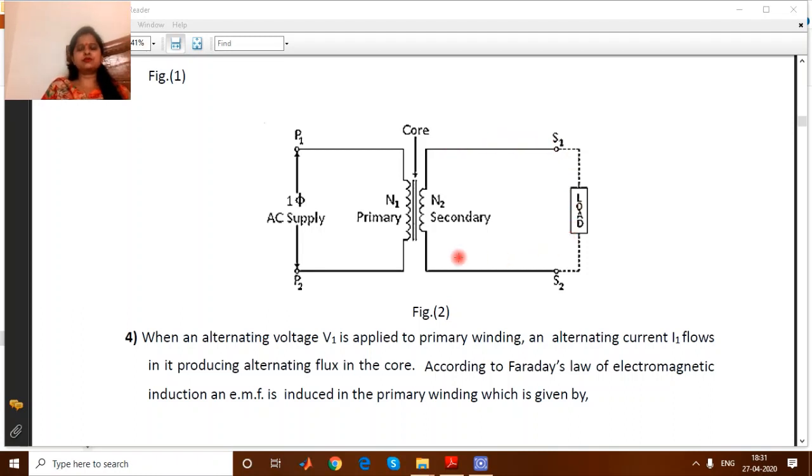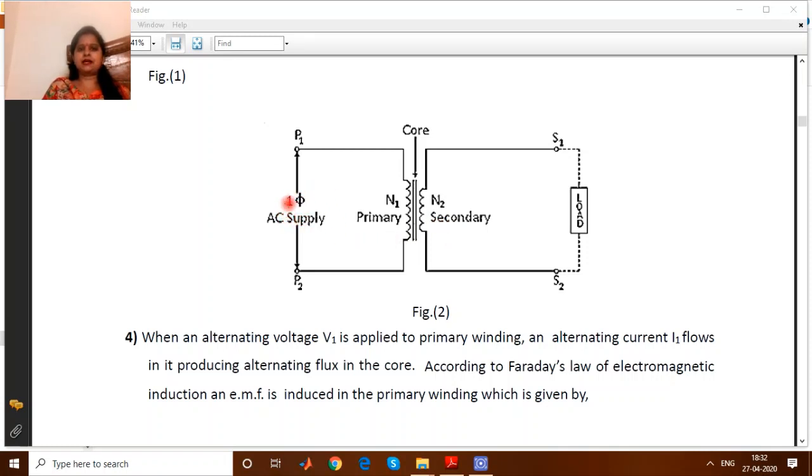So this is mutual induction: although this secondary winding is not connected to any electrical source and there is no electrical connection with it, current will start flowing through it only because of induction.